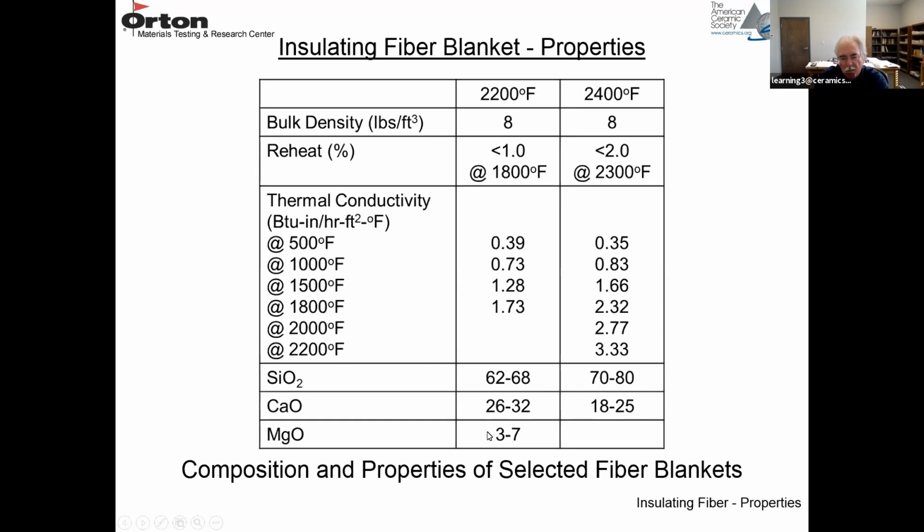So different compositions. Reheat shrinkage is less than 2%. This is at 1800 and 2300. And these are the thermal conductivities as a function of temperature. So about 0.4 to about 3, so still relatively low.